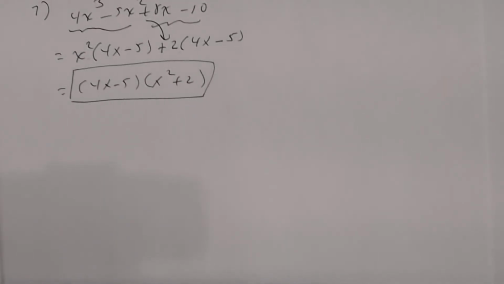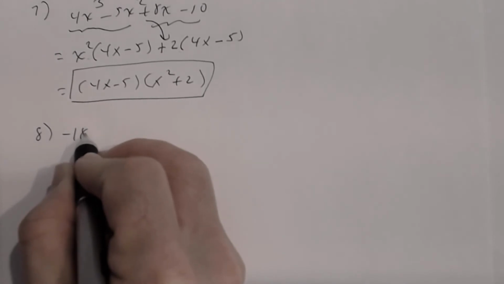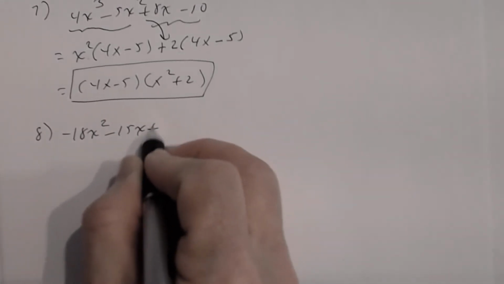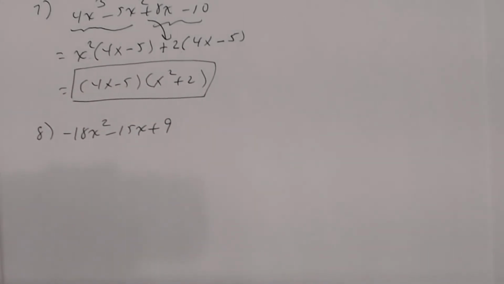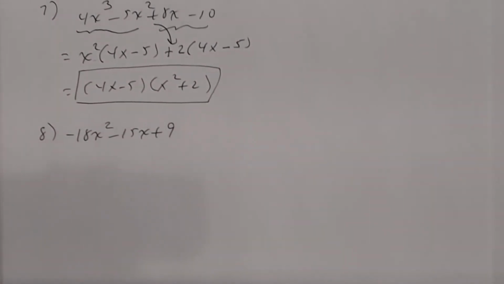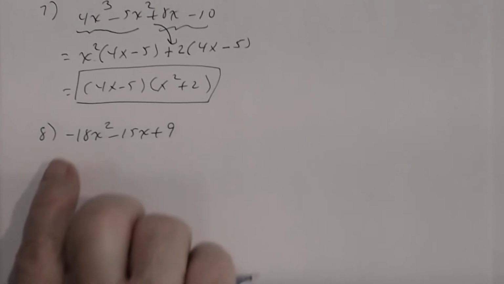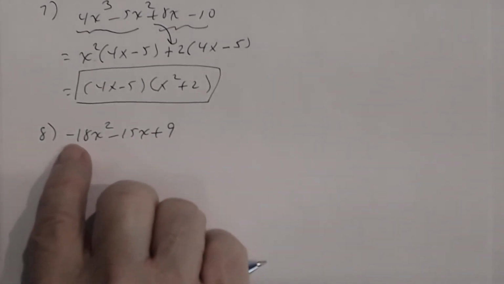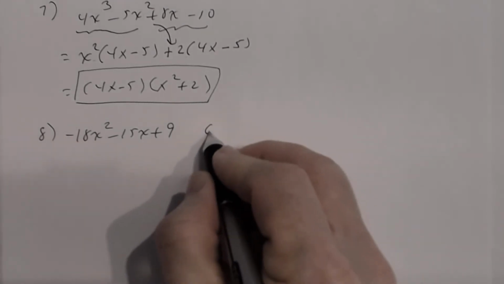Okay, number 8, we have negative 18x squared minus 15x plus 9. Remember it's in descending order, in standard form. The leading coefficient is negative, so we're going to factor out a negative GCF.